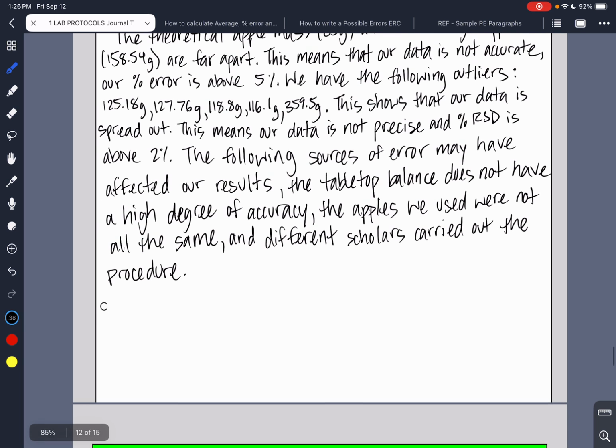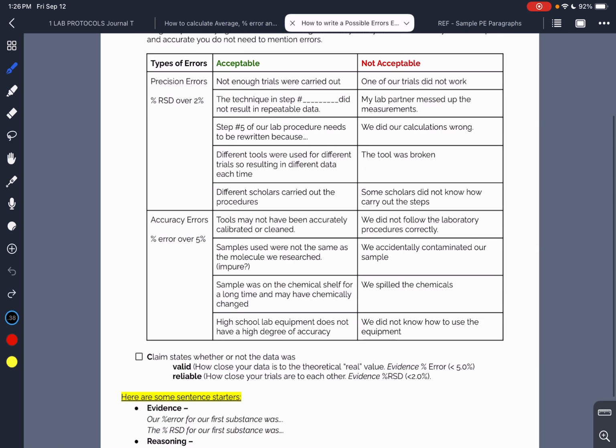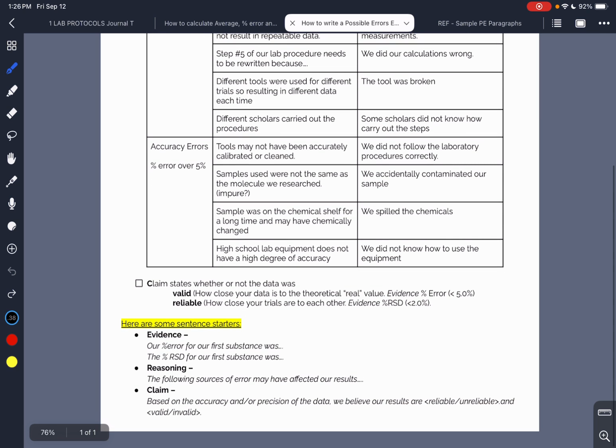Now let's wrap this up by writing our claim. So our claim is going to state whether or not our data is valid and reliable. And we're going to use this sentence starter to help us with writing the claim.